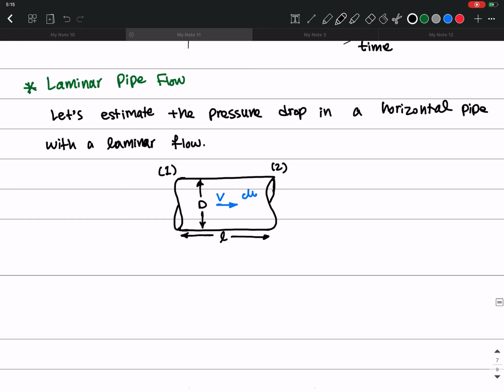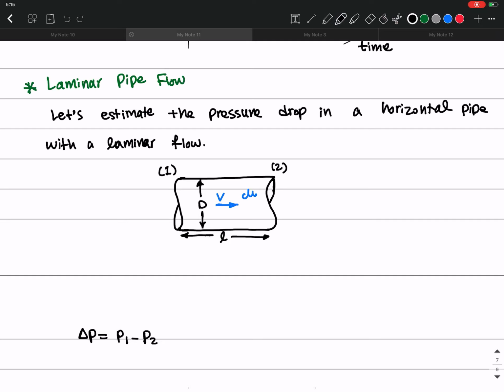I'm going to use the Buckingham-Pi theorem and again that dimensional analysis to find what the important parameters are here, that we need to be careful about to find the pressure drop in a laminar flow. So the pressure drop in this fluid is P1 minus P2. I want to see how much of the pressure is dropped because of this viscosity here, right?